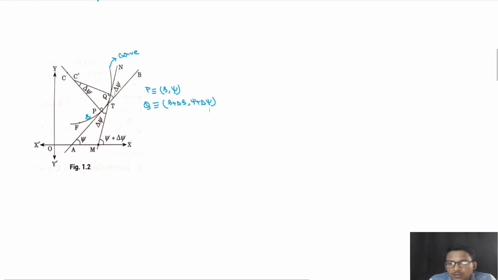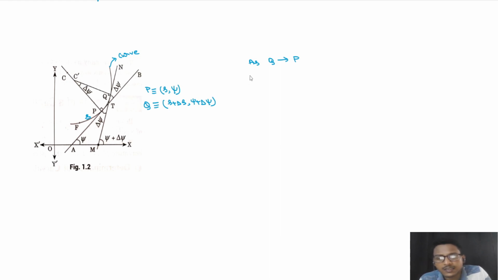So from here we will find out the formula for curvature. Now see, as Q approaches P, the normal at Q, which intersects the normal at P at the point C dash, will approach a fixed point on the normal line at P, and assume that the point is C. Then CP will be nothing but the radius of curvature at P. Okay.